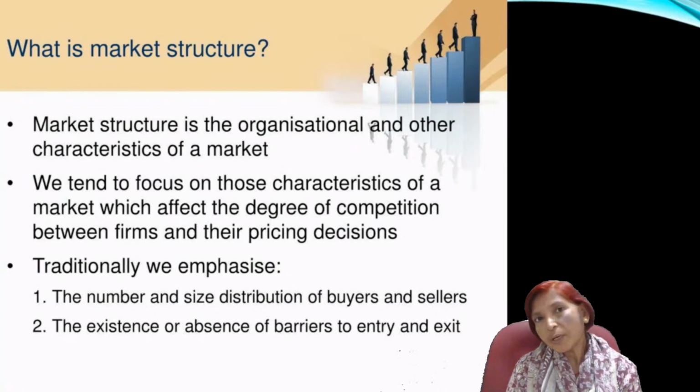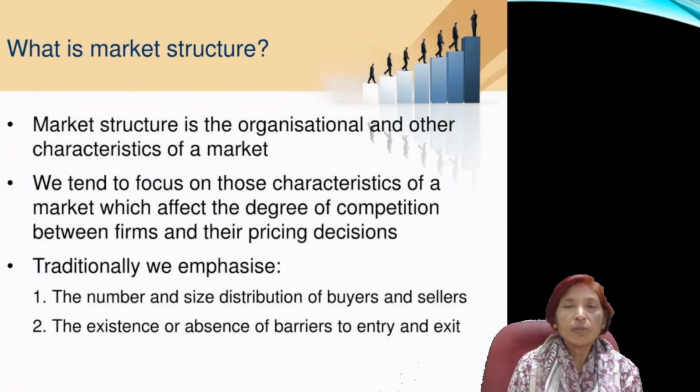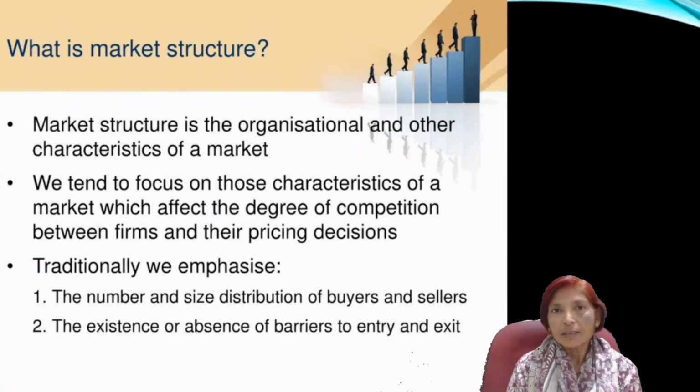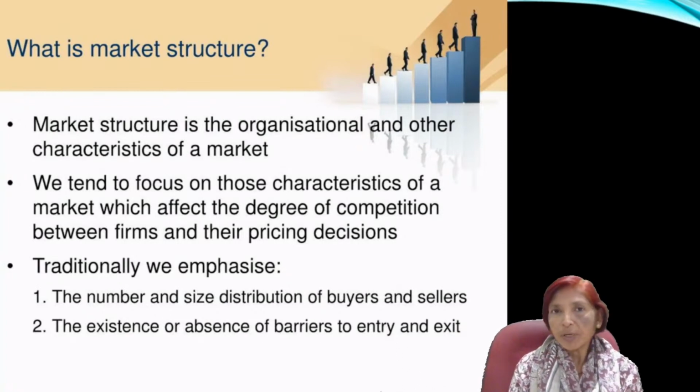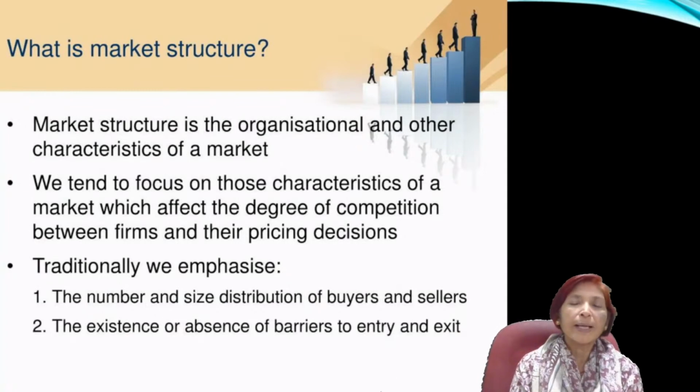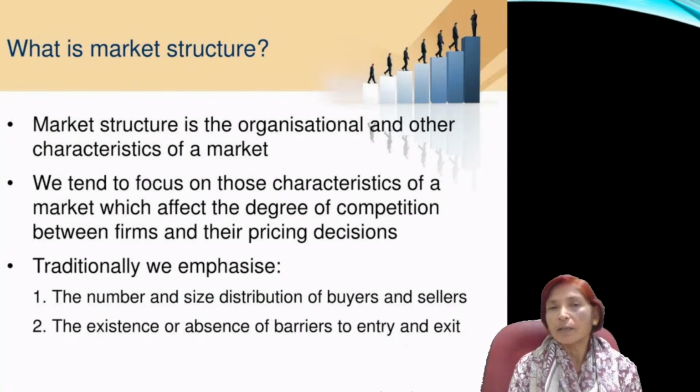And in an oligopoly market, a few sellers exist, and these sellers may make products that are either differentiated or homogeneous. For example, oligopoly markets include OPEC countries, soft drink industries, automobile industries, and cement industries.